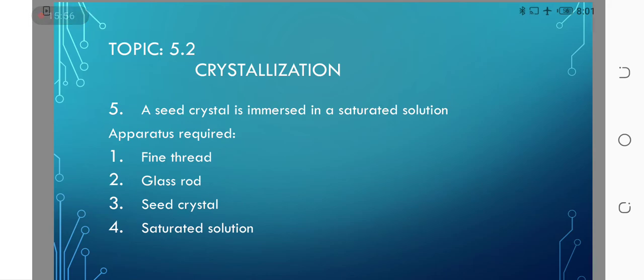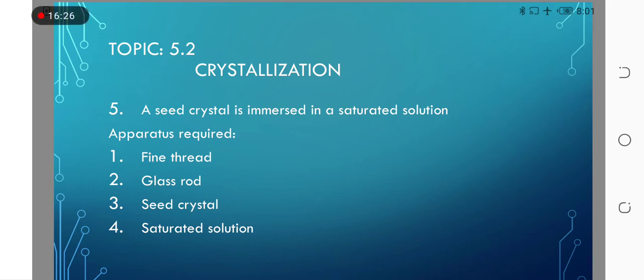As the smaller seed crystal is present there, and as the saturated solution cools down, more crystal will start to grow bigger. That is why this process is known as a seed crystal immersed in a saturated solution, because you have placed a seed crystal which is to be grown larger.